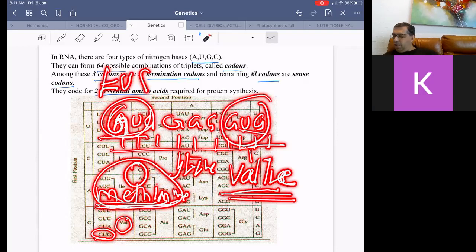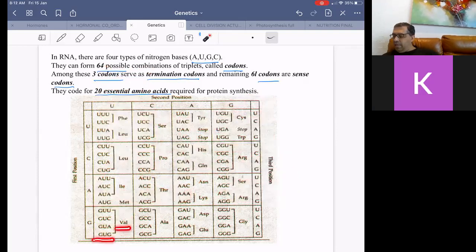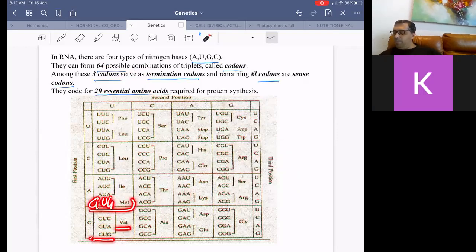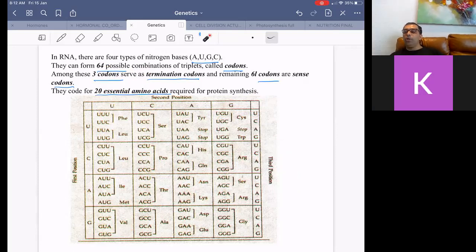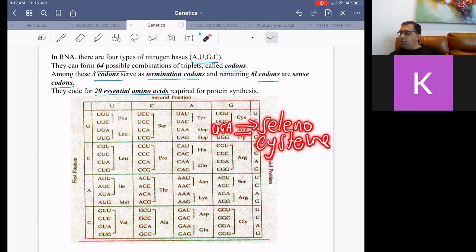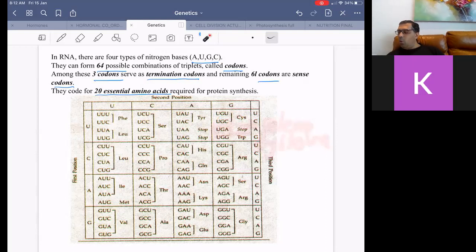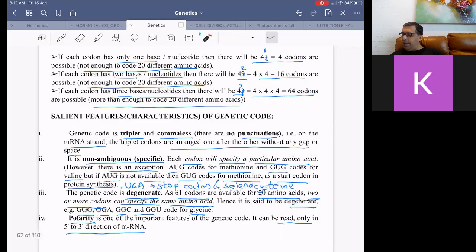So GUG, which normally codes for valine, if it acts as the start codon, codes for methionine. So that is an exception to the non-ambiguous rule. Similarly, UGA is the stop codon, but UGA may code for selenocysteine. So these become the exceptions.